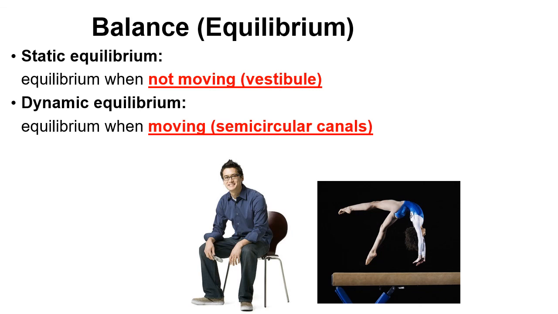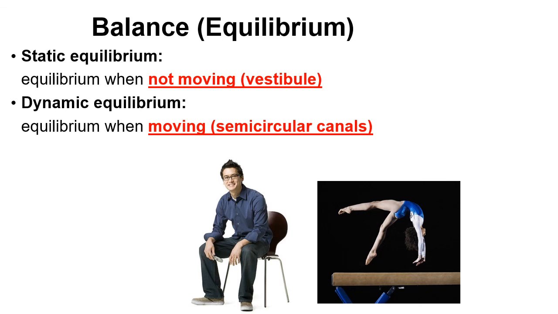This is functioning by the semicircular canals. Their job is to help with dynamic equilibrium. In this picture, you see the gymnast on the balance beam. Any sport or activity where there's lots of balance involved, this dynamic equilibrium is in charge. So things like gymnastics, figure skating, snowboarding, skateboarding, etc.